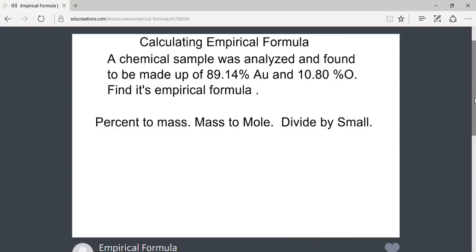Again, following the rhyme, we see that we have 89.14% gold. We'll simply take this percent and change it to a mass amount. Likewise, we'll do the same thing for oxygen.